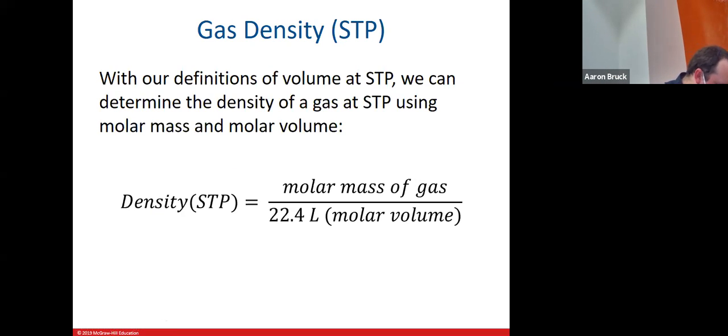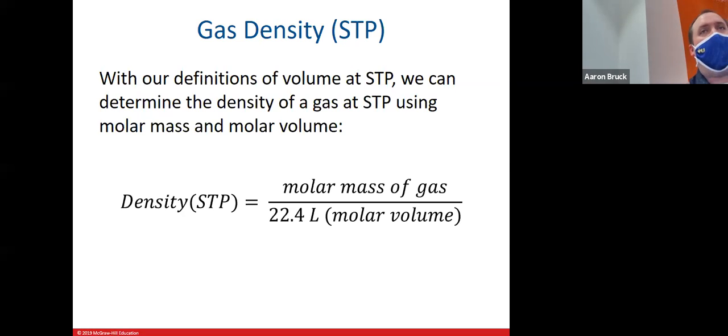The last thing that I will mention before we let you go for the day is something that kind of circles back to what we talked about at the very beginning, the idea of gas density. If we are at standard temperature and pressure, then we already know that 1 mole of gas is equal to 22.4 liters of volume.